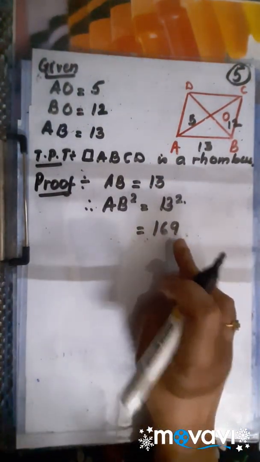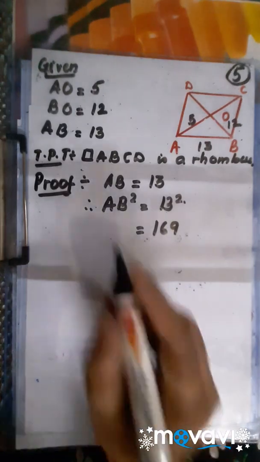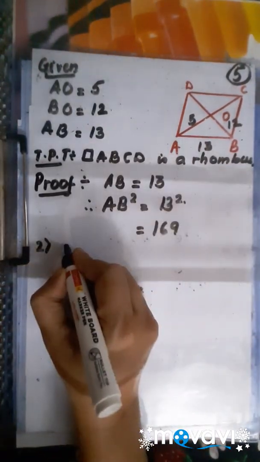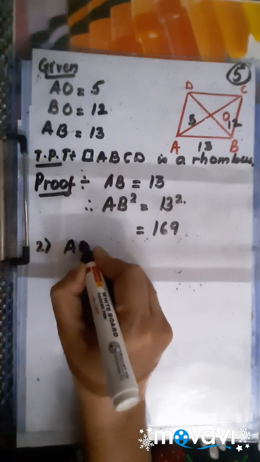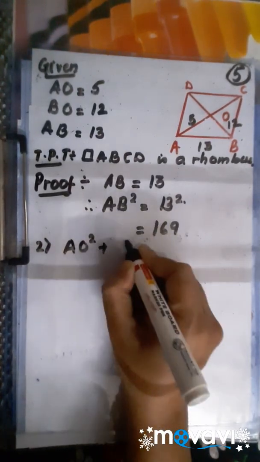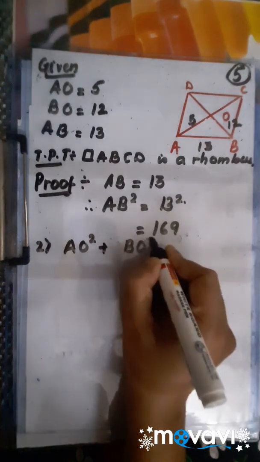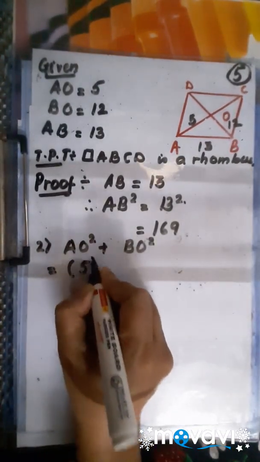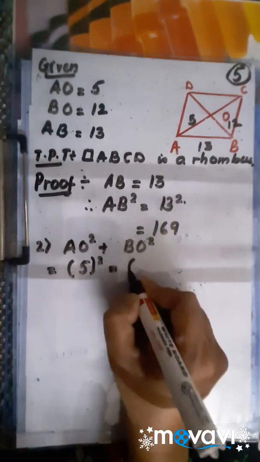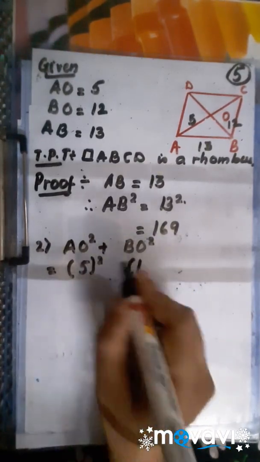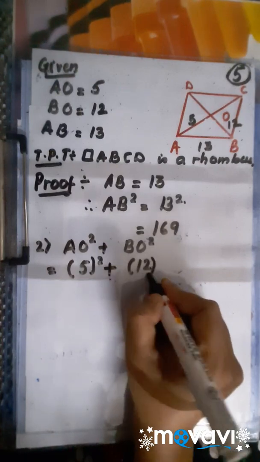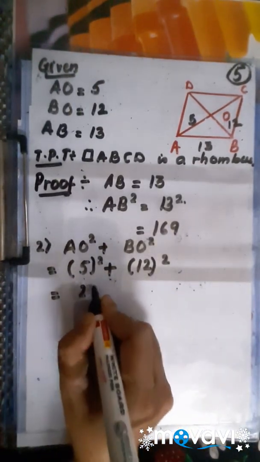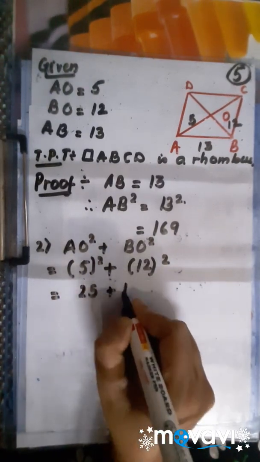So, which is equal to 169. AB square is equal to 169. Now, the second step I can say is that AO square plus BO square, right? AO square is equal to 5 square, BO square is equal to 12 square. So 5 square is 25, 12 square is 144.